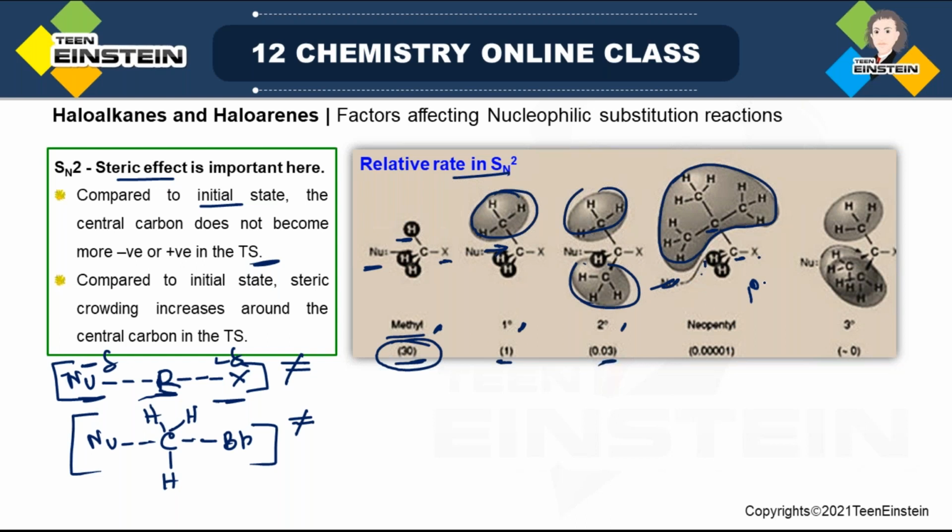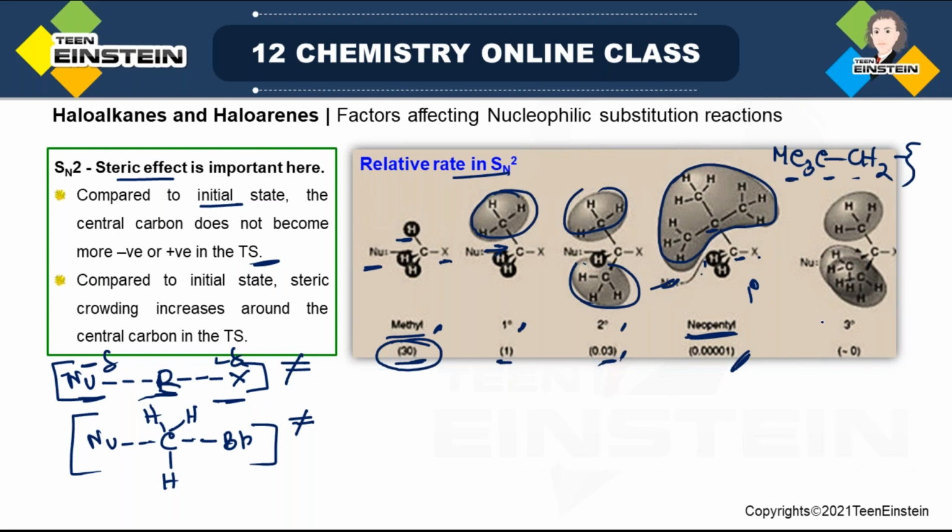That is why the rate is drastically decreased compared to 0.03. Though it is 1 degree, it does not give a good result because of the steric hindrance. This group is known as the neopentyl group. Neopentyl group is Me3C-CH2. Pentyl means a total of 5 carbons: 3 carbons, 1 carbon, 1 carbon.